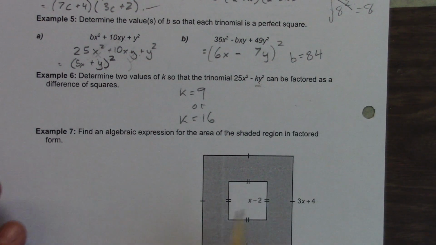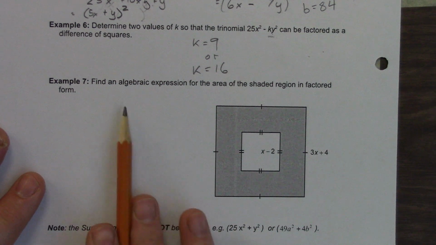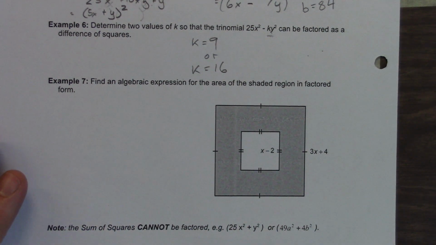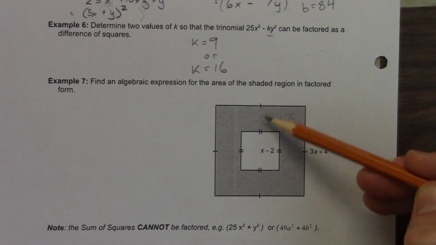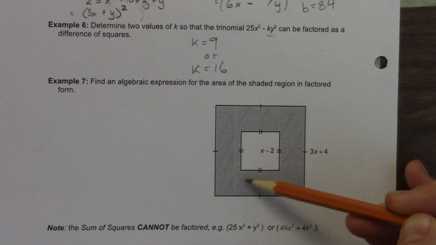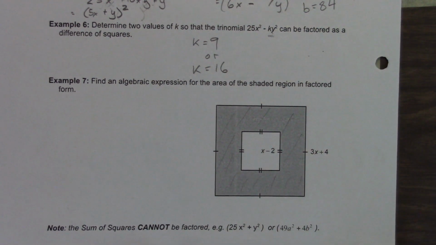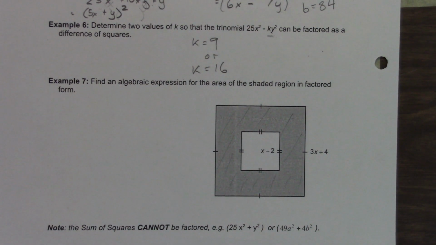All right, almost done here. We're gonna now look at a word problem. Find an algebraic expression for the area of the shaded region in factored form. So we want to find the area of this shaded region. Any ideas how we can do that? Yeah. Find just the shaded square area and then minus the blank square.